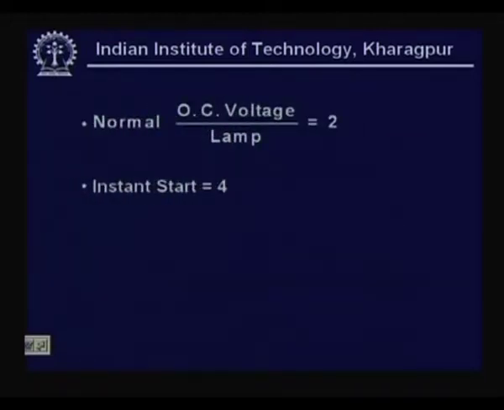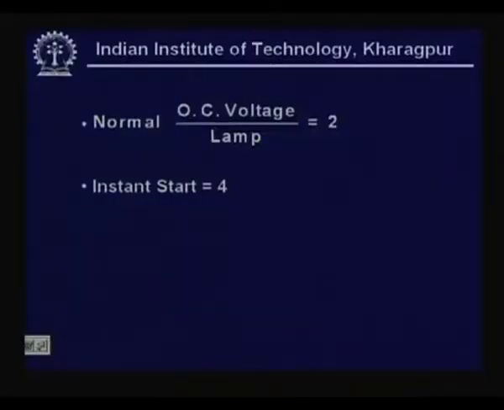And as we said, normally we try to have at least a ratio of 2 between the open circuit voltage, the total voltage of the supply, and the arc drop across the lamp, that is only the arc tube. But we have seen that when we switch on, there is some amount of flickering. That is because at times the required voltage may not build up, or even if it has built up, there is insufficient vaporization and the arc does not get established.